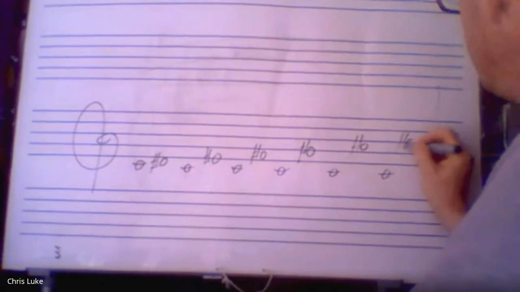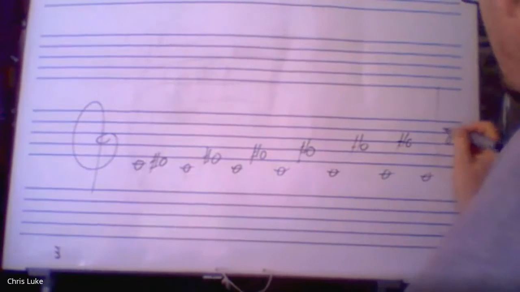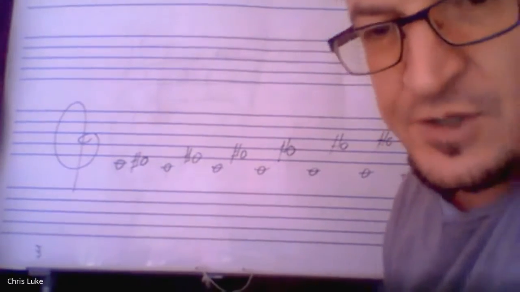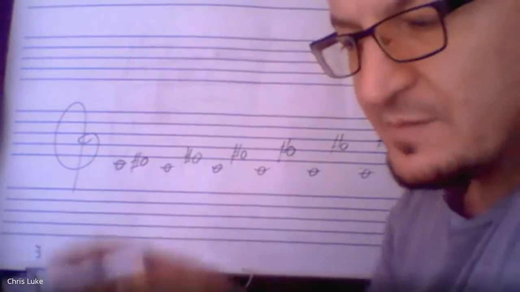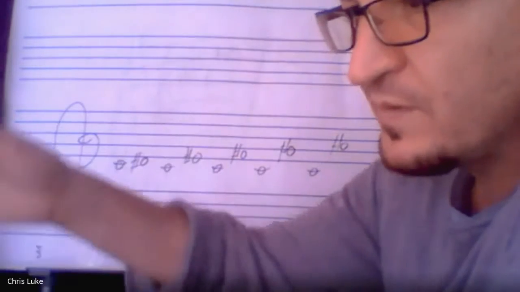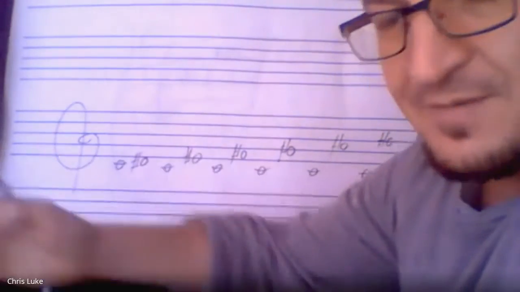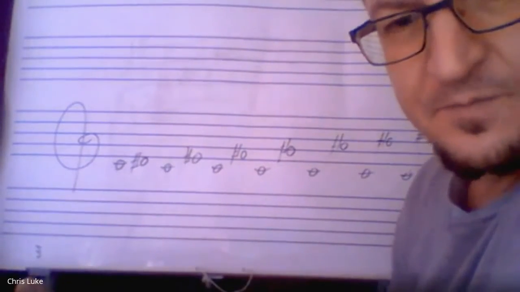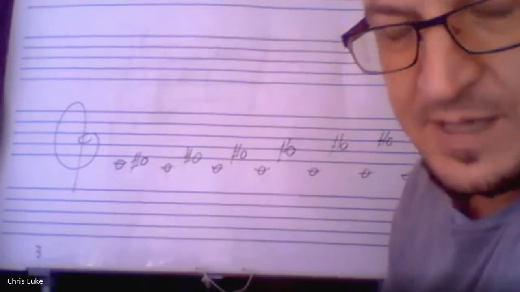Seventh, augmented seventh, and octave, augmented octave. So that's easy. You've got the birth names: major second, major third, perfect fourth, and so on. If you raise that second note, they all become augmented. Make sense? Okay, cool.